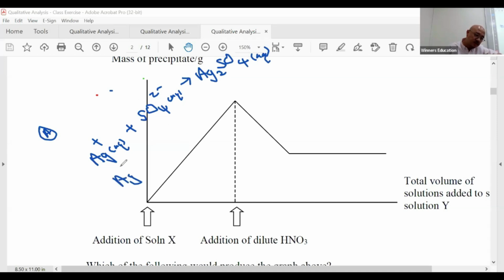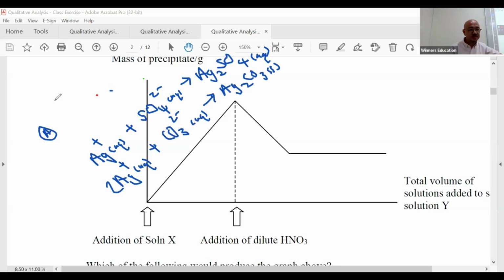The silver can react with carbonate though, to form silver carbonate. So yes, there's a mass. One of them is a solid. So okay, it goes up. How much, I don't know because I have no value, cannot do more calculation. But it makes sense at the moment.